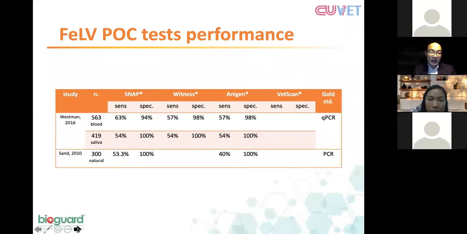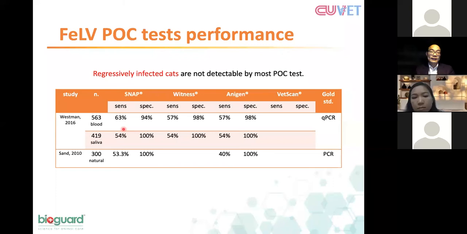Because when you look at other studies that compare the point of care test with a gold standard using molecular techniques such as quantitative PCR, or conventional PCR, you can see that the sensitivity drops by about half, about 50%, because point of care tests can only detect antigenemia in progressively infected cats and cannot detect regressively infected cats.